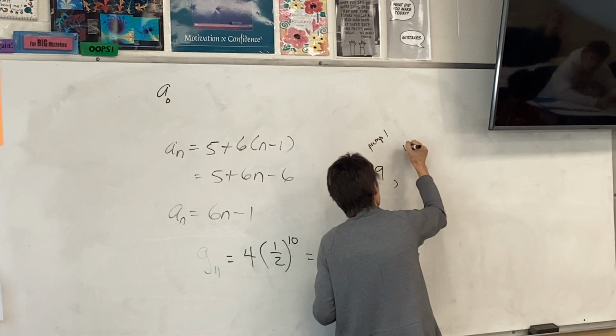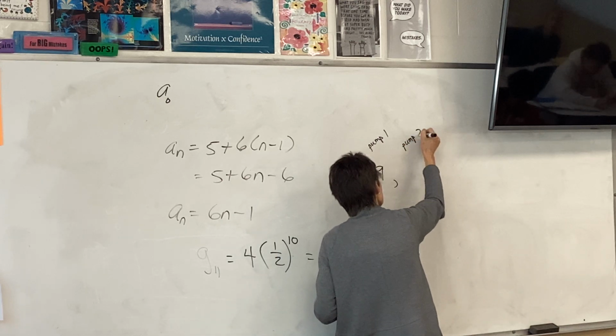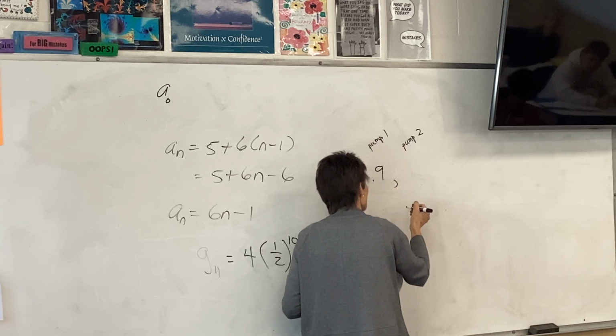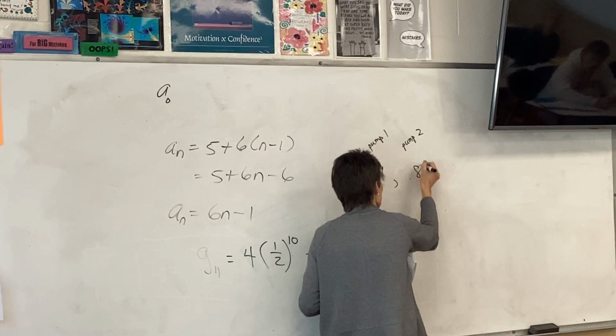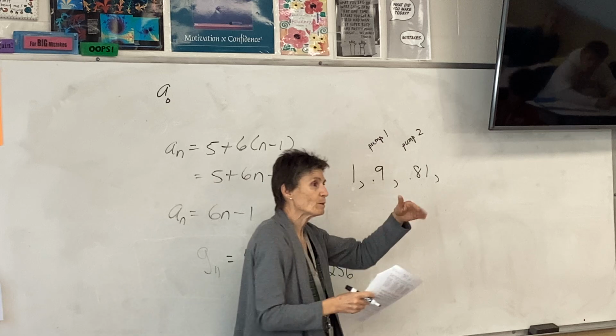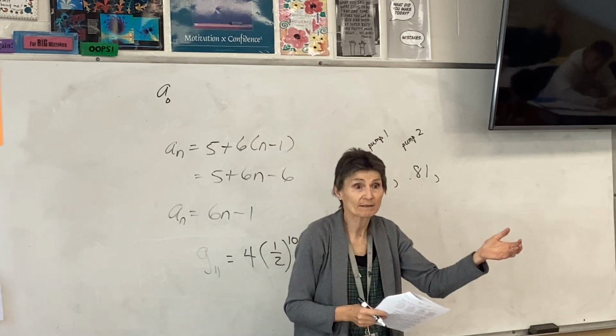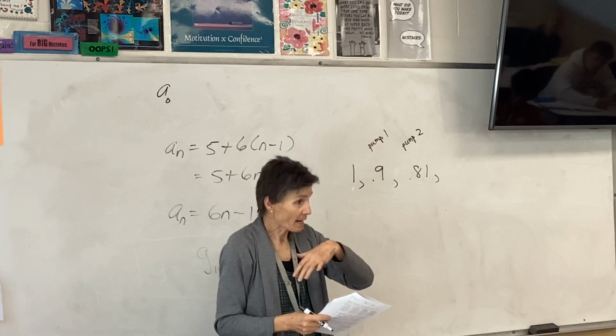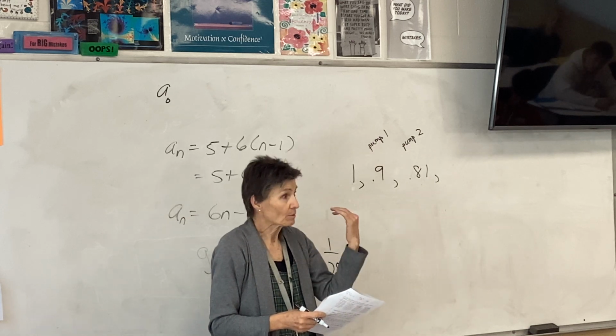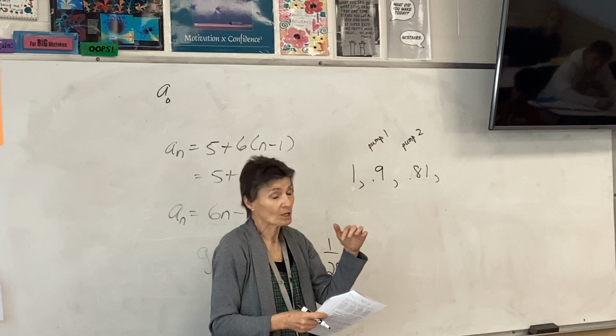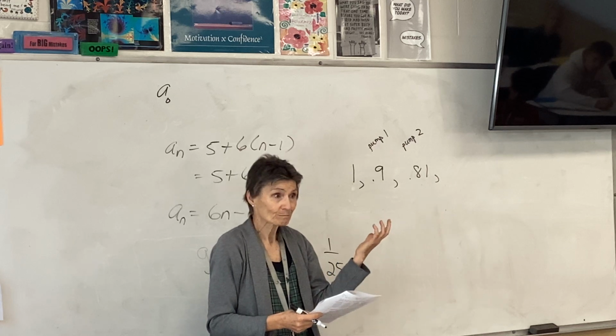And then after I pump twice, how much air is left in the tank? 0.81. Because how are we finding the remaining air in the tank? Well, if we're taking out 10% of it, we are keeping 90% of it. So would everybody agree this is geometric and the ratio is 0.9?